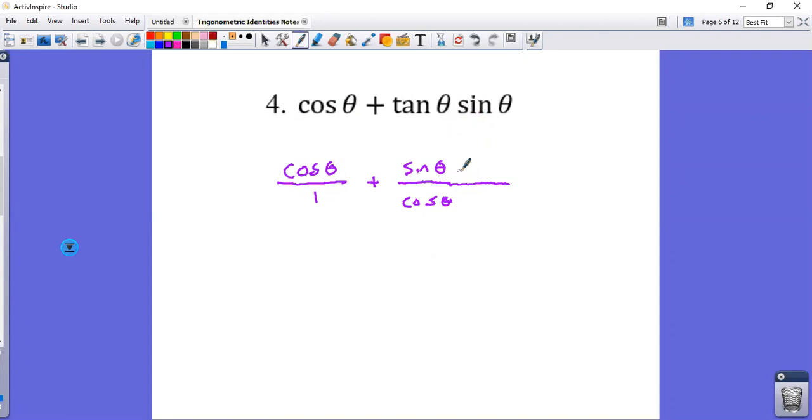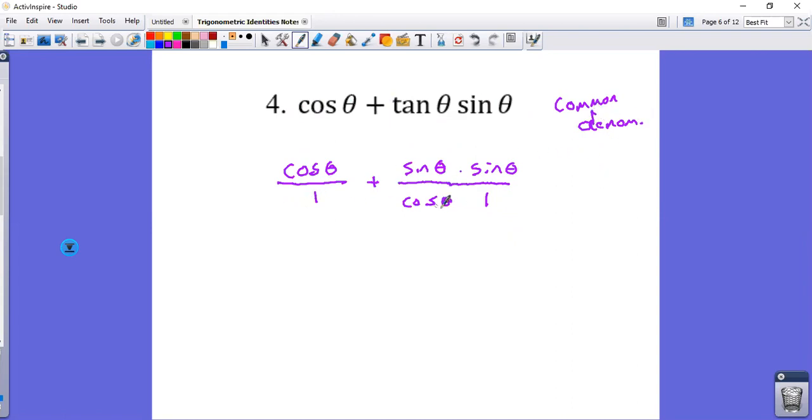Sine is just sine theta over 1. Right. To be able to add 2 fractions together, you have to have common denominators. Make sure you have common denominators.